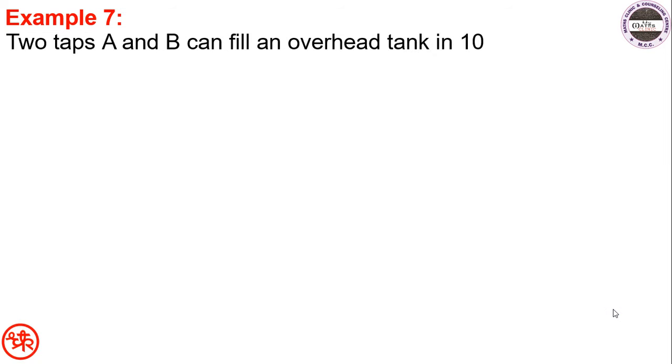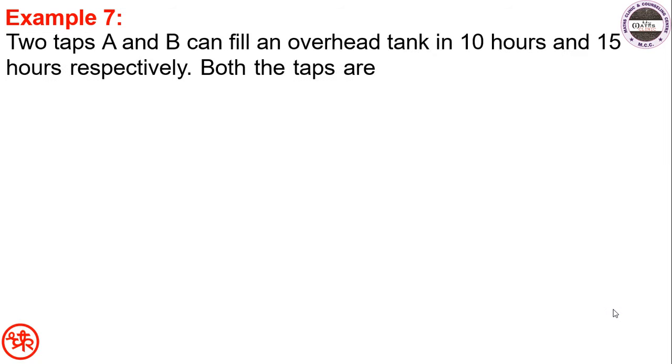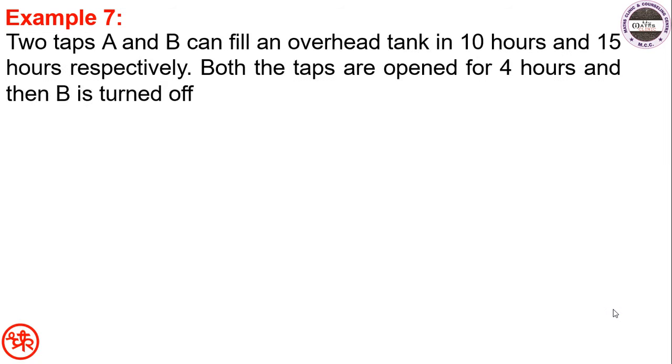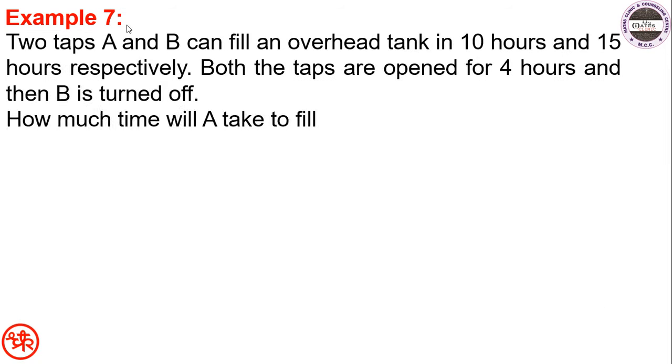Then example number 7. Look at this: two taps A and B can fill an overhead tank in 10 hours and 15 hours respectively. Two taps. How many taps are there? Tap A, tap B. A in 10 hours and B in 15 hours.